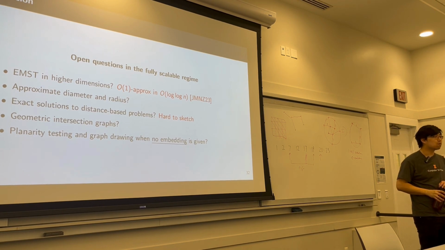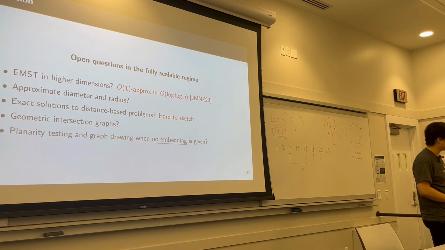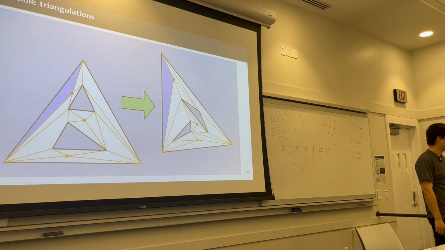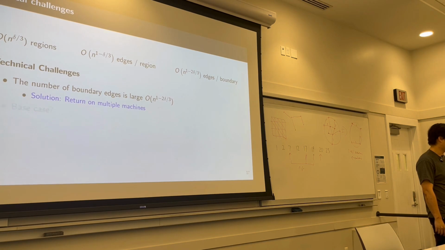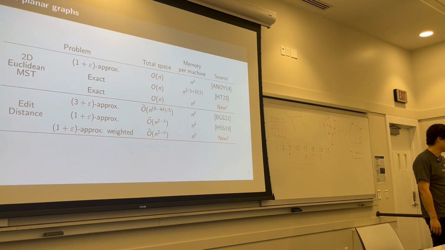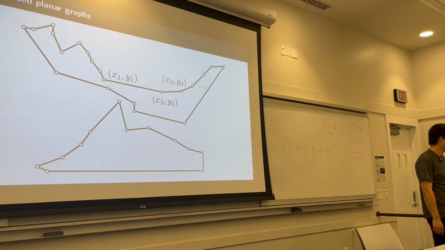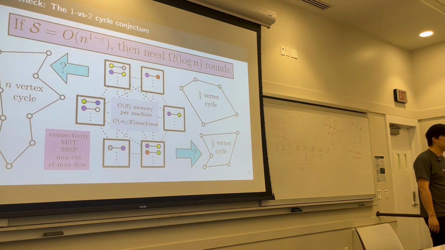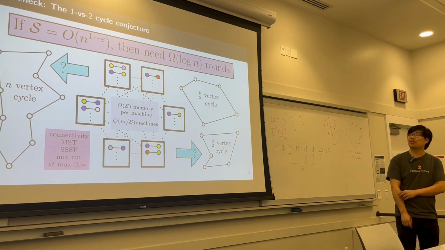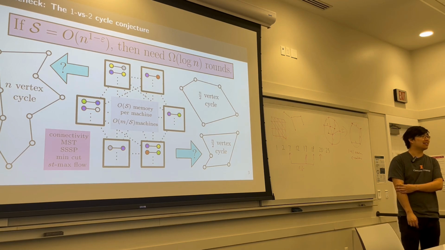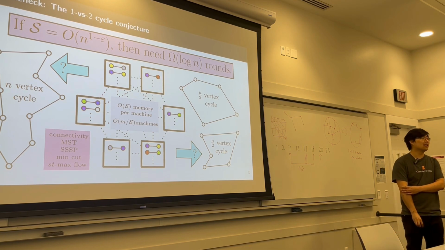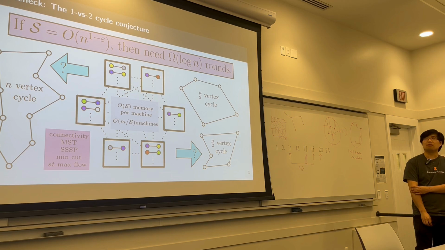So the 1 versus 2 cycle conjecture. Why is that a conjecture that's believed? That's a good question. This is the simplest problem that they realized they just couldn't do in a constant number of rounds. And problems where we have a proved lower bound?